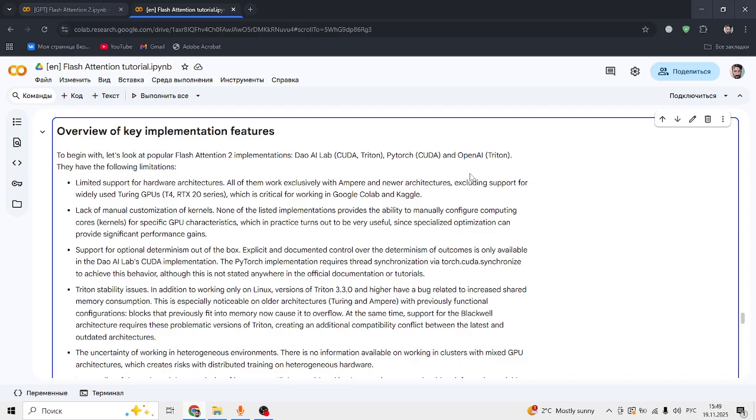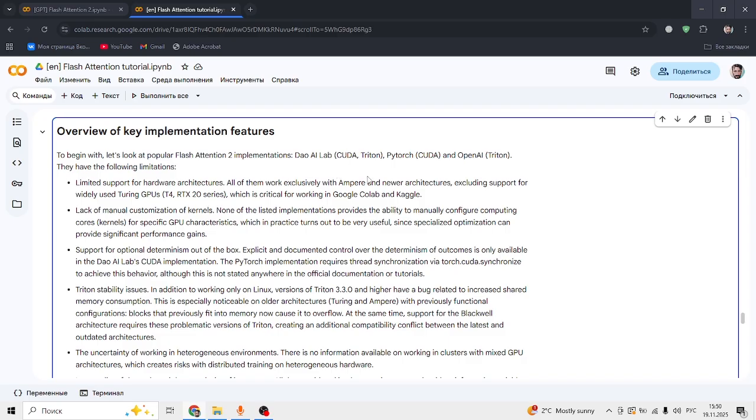First of all, they support only Ampere and newer architectures, so that means that you cannot run this on Turing. The second flaw is that there is no interface to write your own CUDA kernels. The next drawback is that optional determinism is available only in the Tri Dao implementation in CUDA.